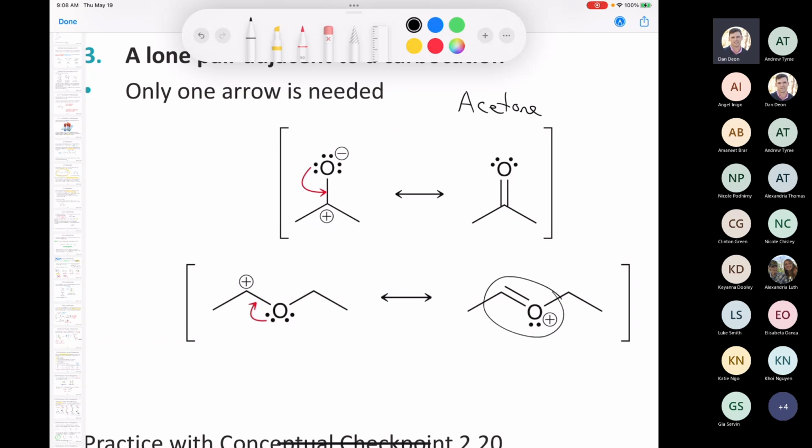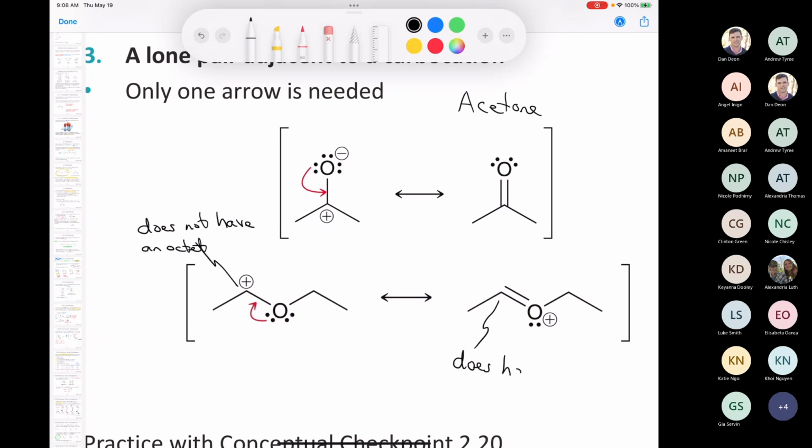And what's cool about this is that here the carbon does not have an octet, and here it does have an octet because it has a hydrogen here.